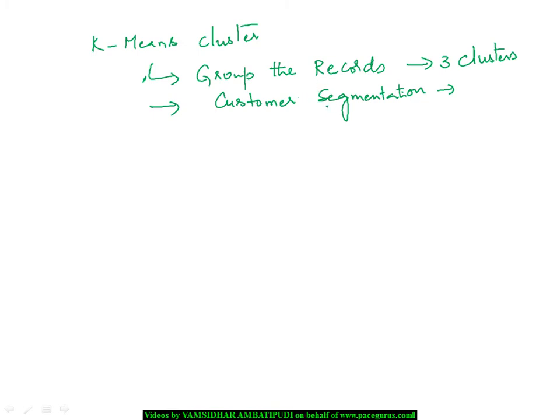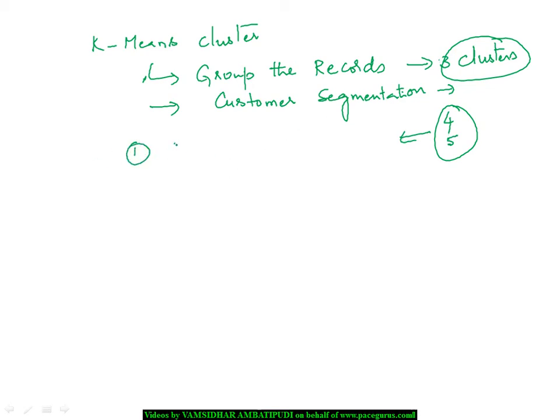So for customer segmentation, for doing any kind of grouping or classification of the records, I can use the cluster analysis. If we find that the 3 cluster solution was not that good, I can look out for a 4 cluster and 5 cluster kind of solution. And how do I identify whether this solution is better compared to a 3 cluster solution?